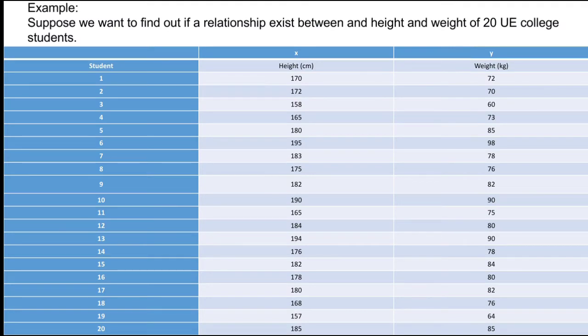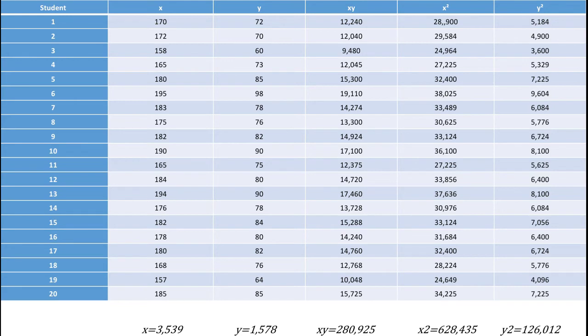Here is the table for our example. Suppose we want to find out if a relationship exists between the height and weight of 20 UE college students. In the first column is the student, then the second column, the x, then the value of y, then the fourth column is our xy.